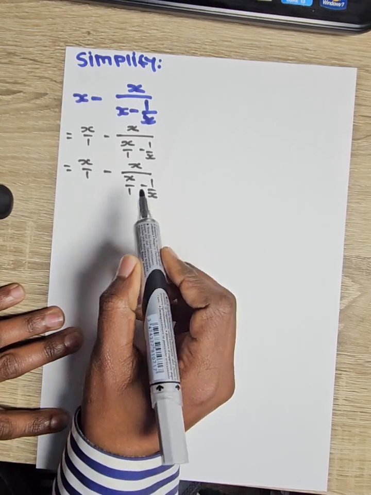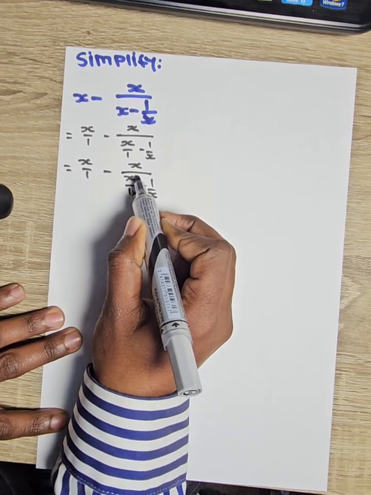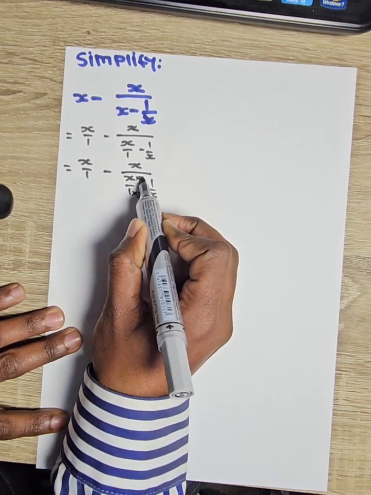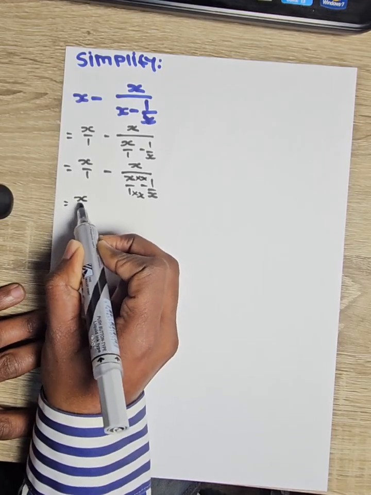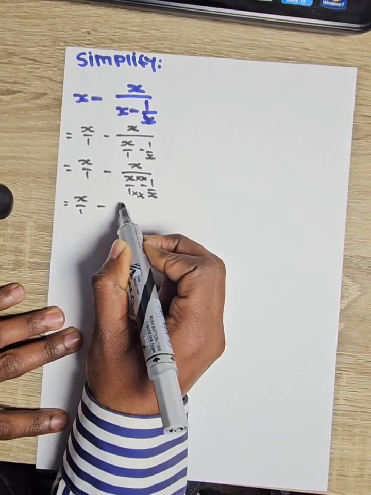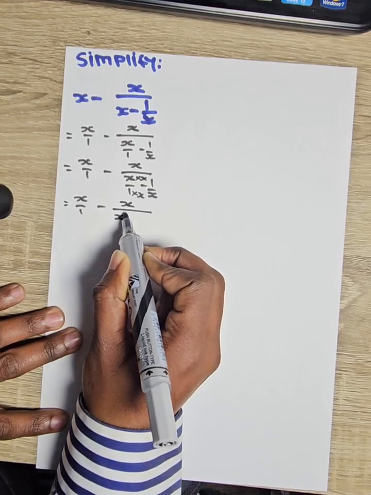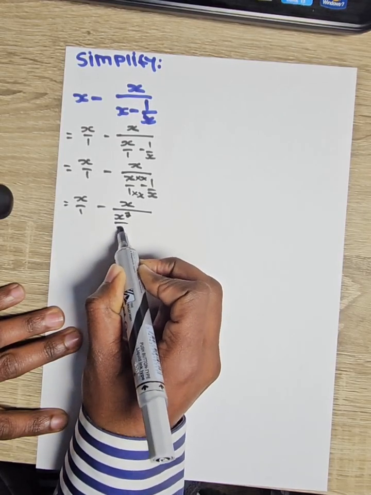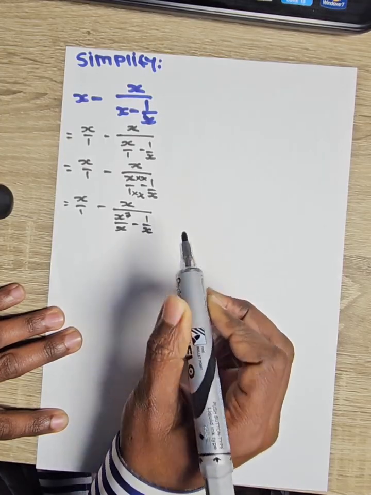I'm going to multiply x only by the first fraction. This will give me x over 1 minus x over x squared over x minus 1 over x.